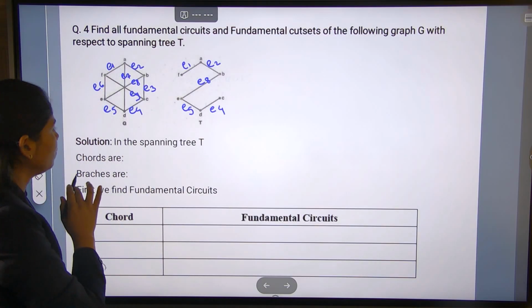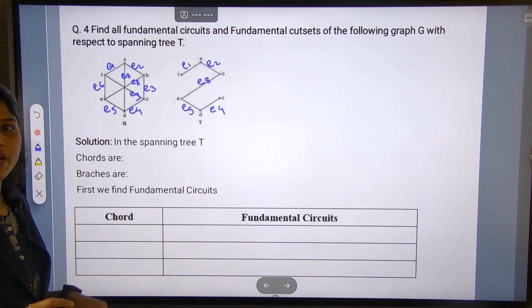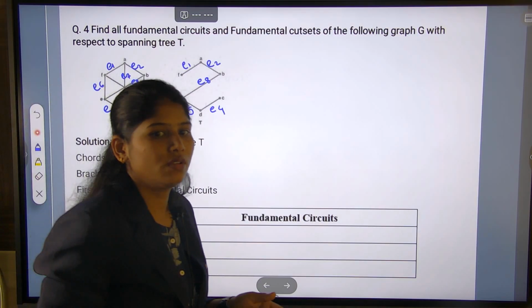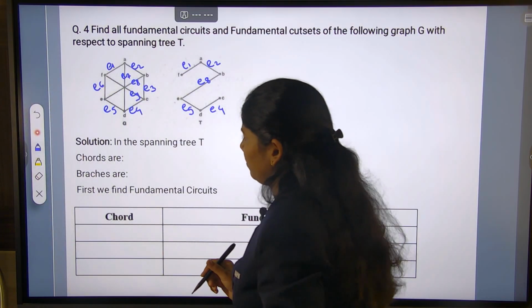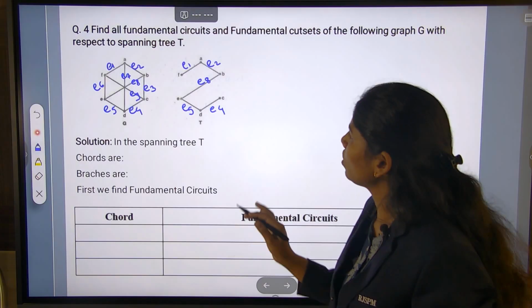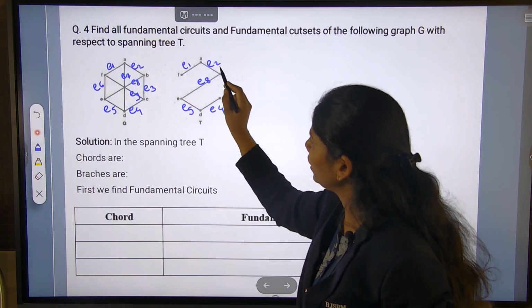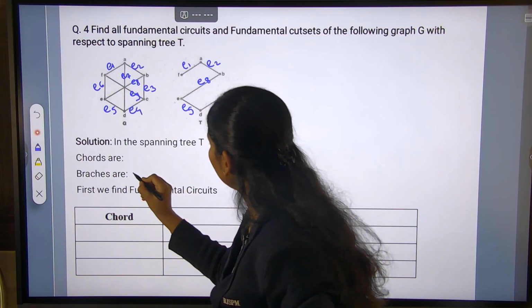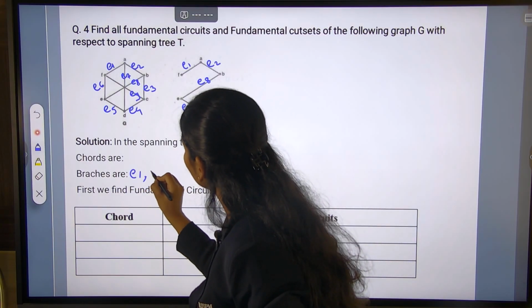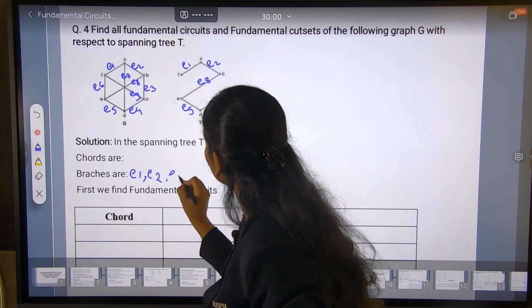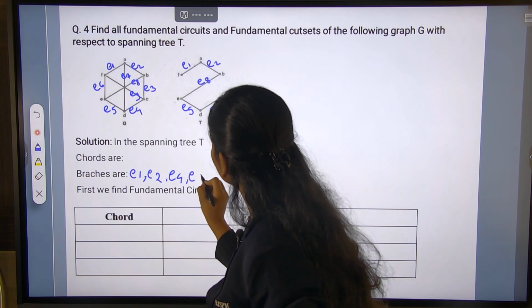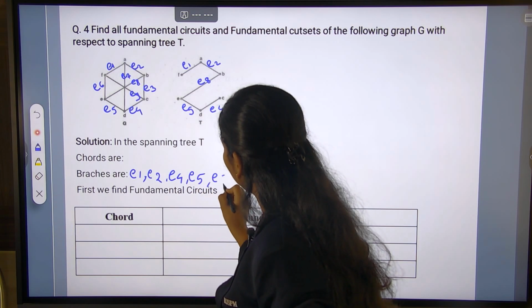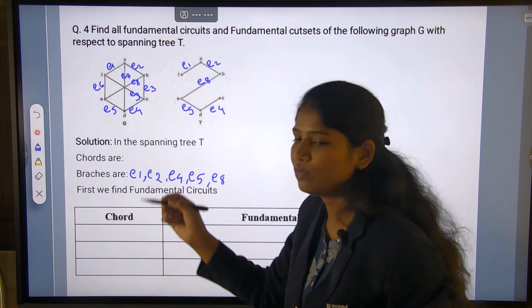So in the solution, first write down the branches and chords of the respective graph. The branches of that graph are E1, E2, E4, E5, E8. Write down all the branches, and then write down the chords.